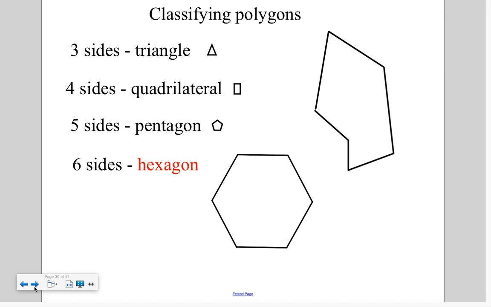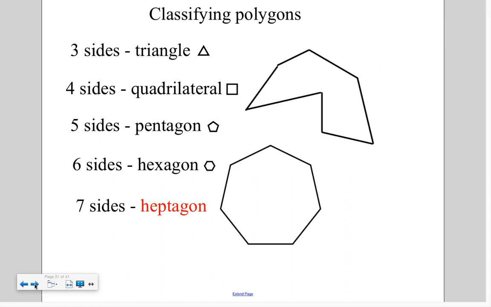6, hexagon. 7 is the one that always gives everybody problems.